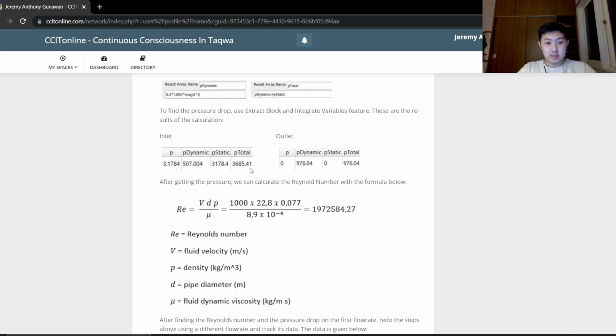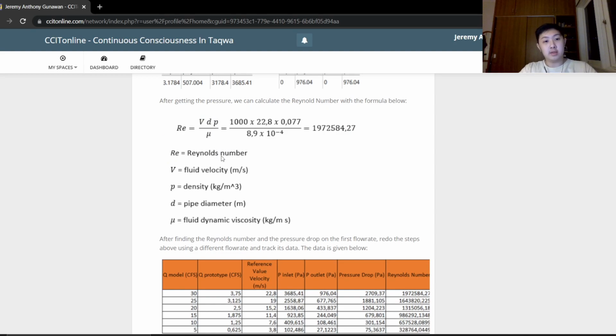After inputting these formulas, we can get the inlet and outlet total pressure from the simulation beforehand, which was this data. And then after getting the total pressure, we can get the Reynolds number, which we can count by the formula given here. The Reynolds formula equals the fluid velocity times the pipe diameter times density divided by the fluid dynamic viscosity.